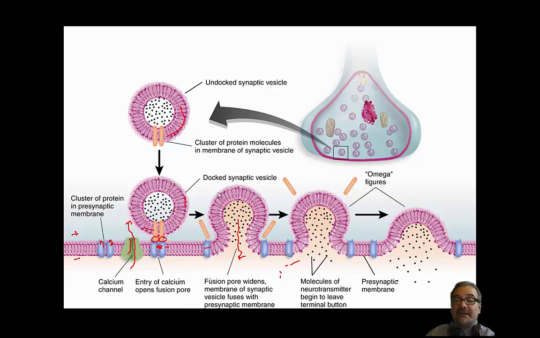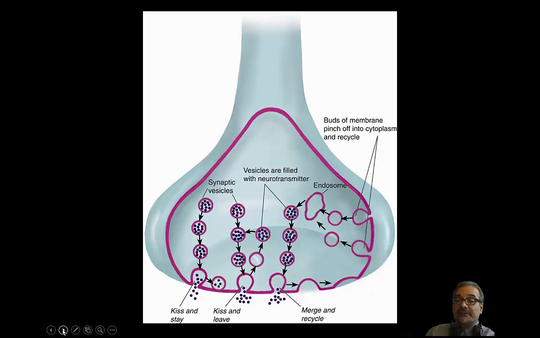As you can see, what happens to the vesicle is that it becomes part of the membrane, and in fact that's not the only way that the vesicle ends up. It could end up as part of the membrane, or it could end up as follows.